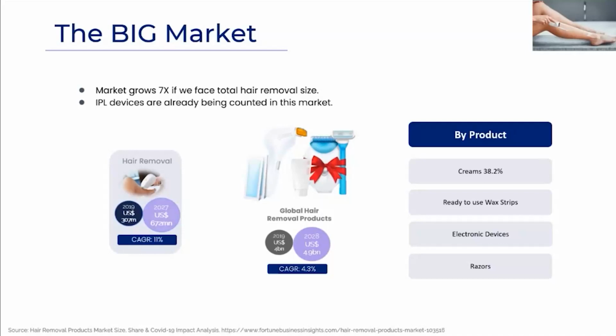We know that, for example, in IPL, there are already devices for home use. Therefore, even though in diodes we are not there, we can think of this consumer with this need, and how we could serve them.